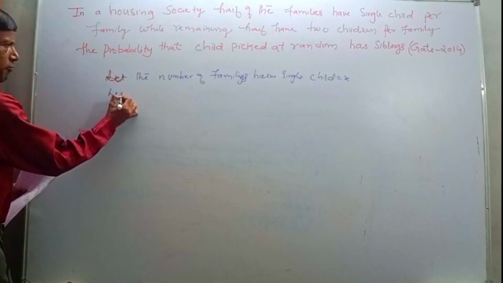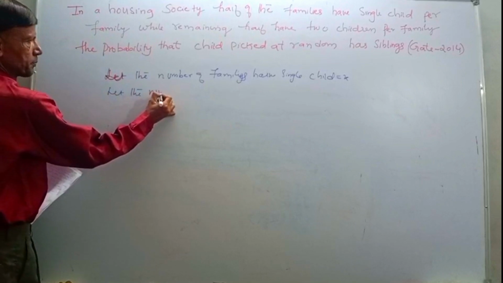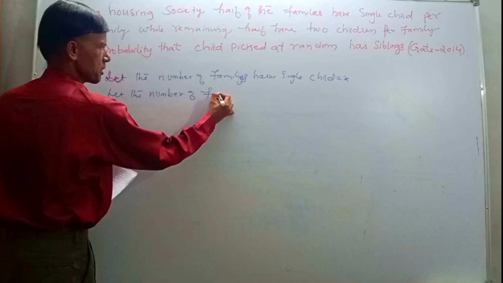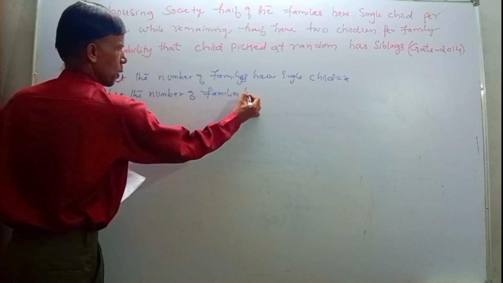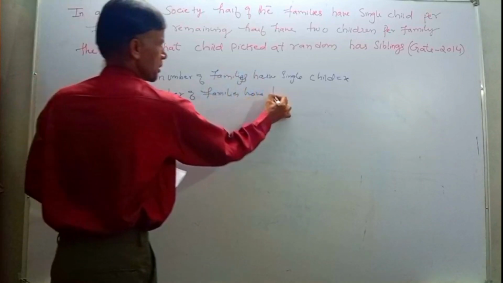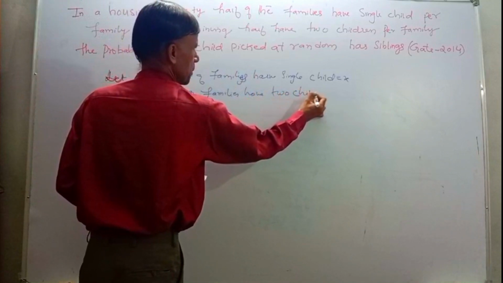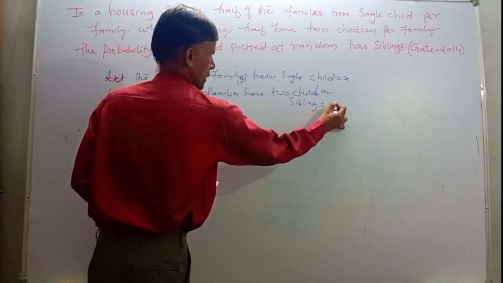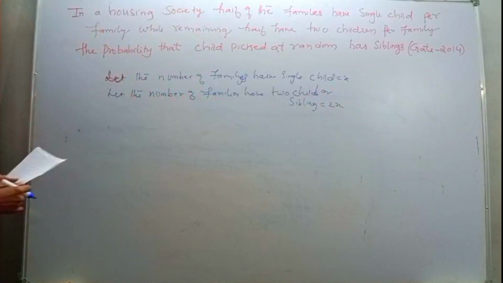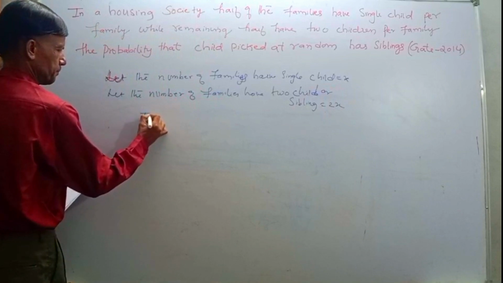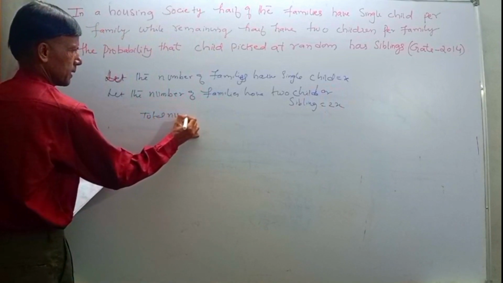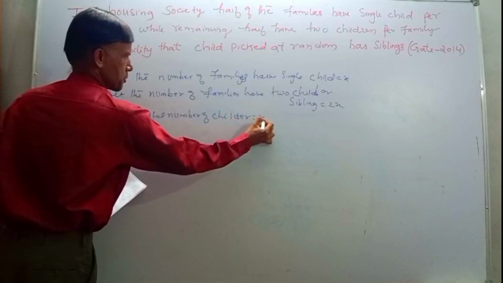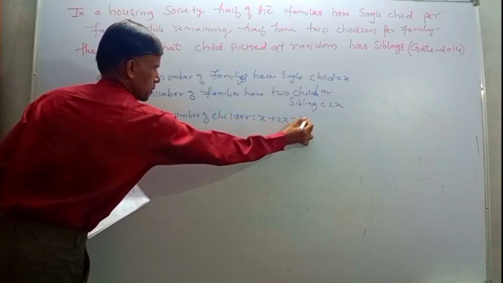Next, let the number of families having two children, or siblings, be 2x. So the total number of children is equal to x plus 2x, which is 3x.